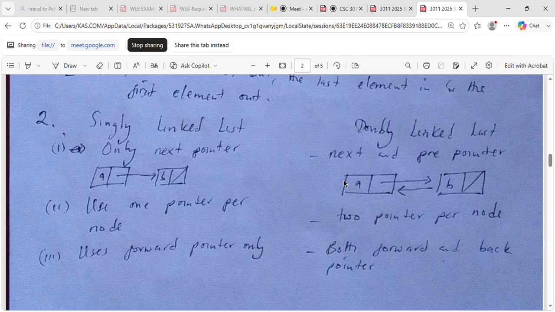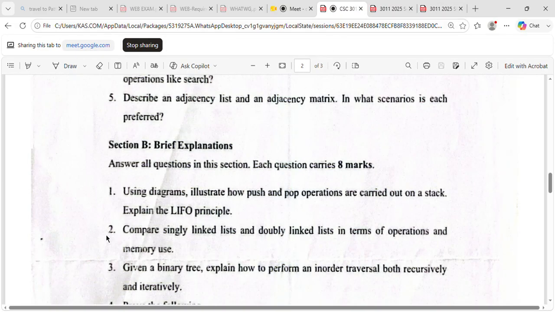Okay, so that's very much true. So let us just discuss that. Keep the answers coming. Compare singly linked lists and doubly linked lists in terms of operations and memory use.